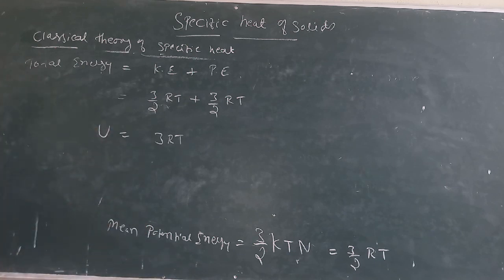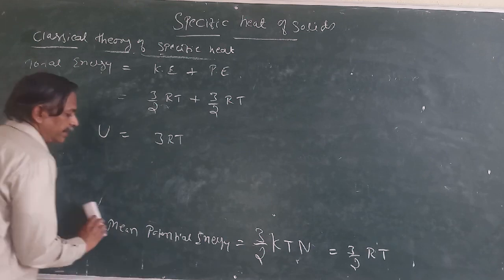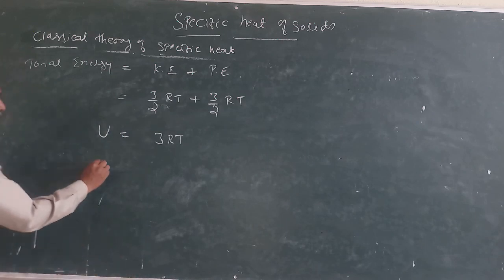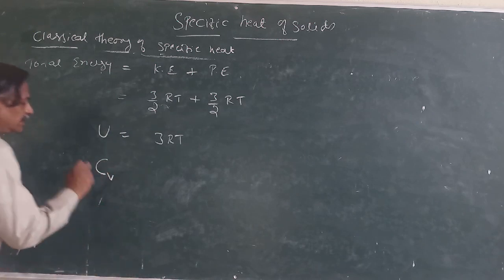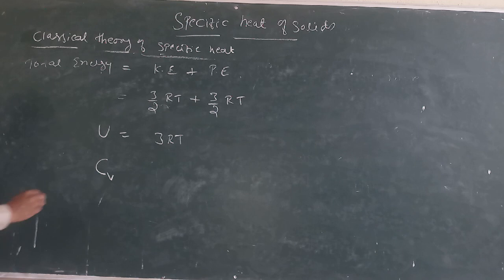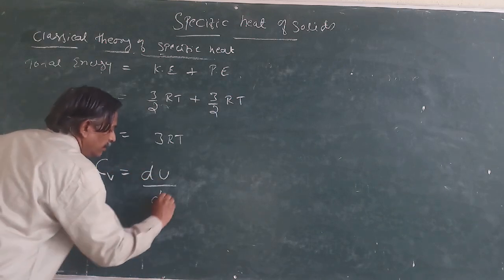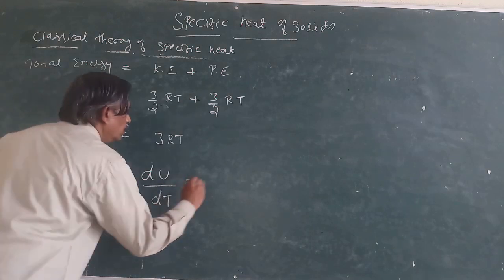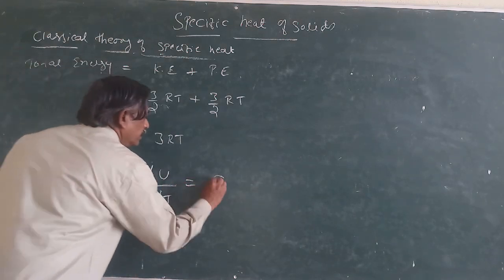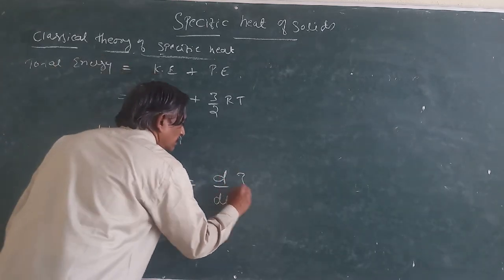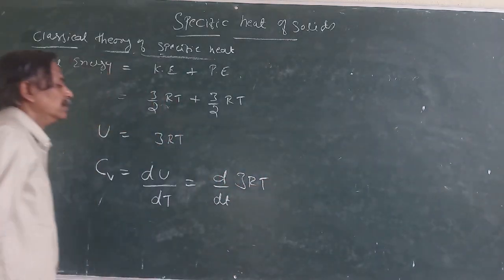But if you want the specific heat at constant volume, that is Cv, it can be written as dU/dT. This is equal to d/dT of 3RT.